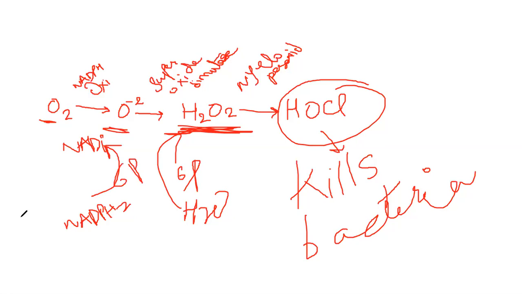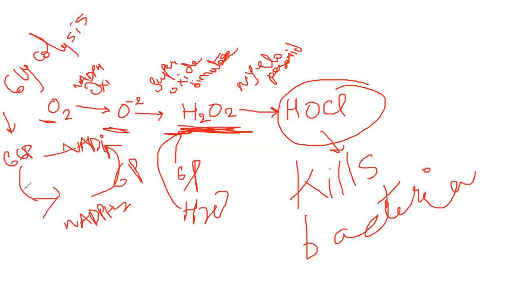But on the other hand, we have this glucose 6 phosphate, which is coming from the glycolysis cycle, and it is being converted into another product. The enzyme we are using is glutathione reductase. So you see, this whole mechanism is really important to kill bacteria.